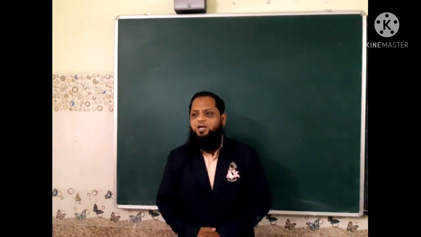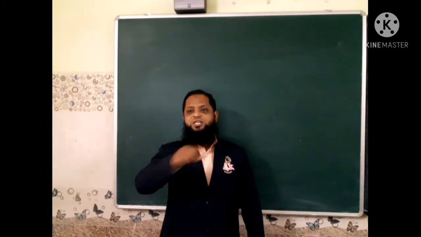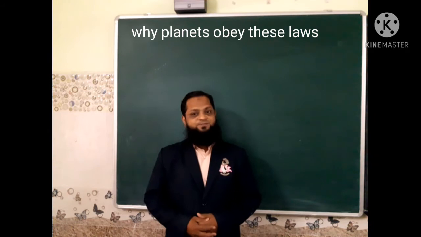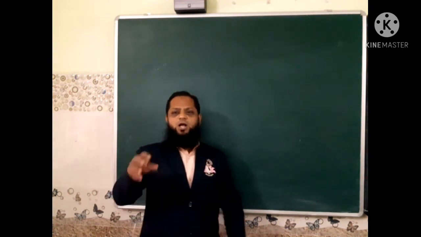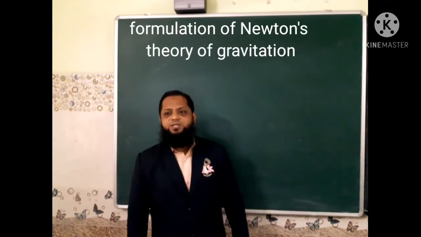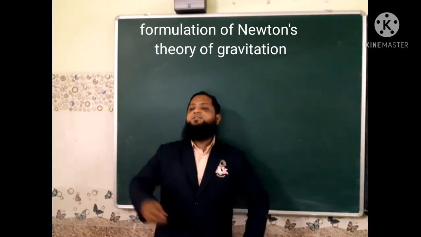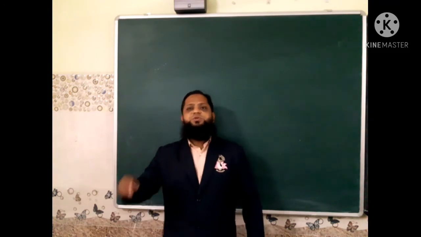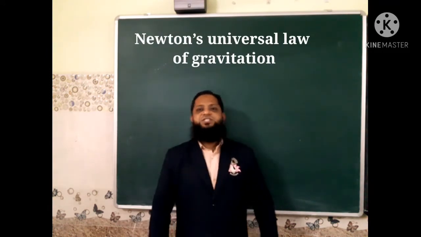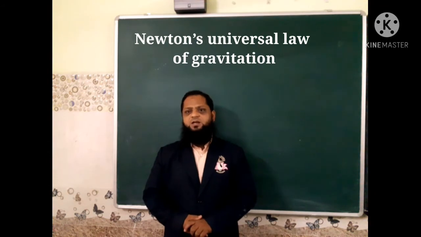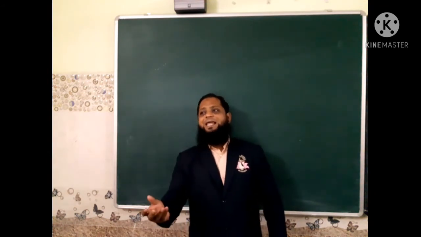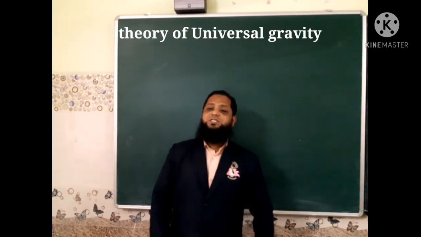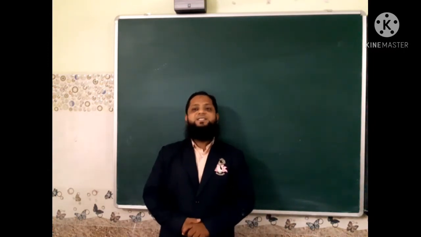Dear children, Kepler had no explanation as to why planets obey these laws. We will see how all these laws helped Newton in the formulation of his theory of gravitation. Let's see Newton's universal law of gravitation. Kepler's laws led Newton to formulate his theory of universal gravity.